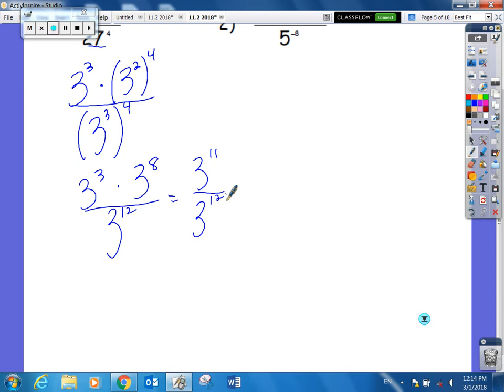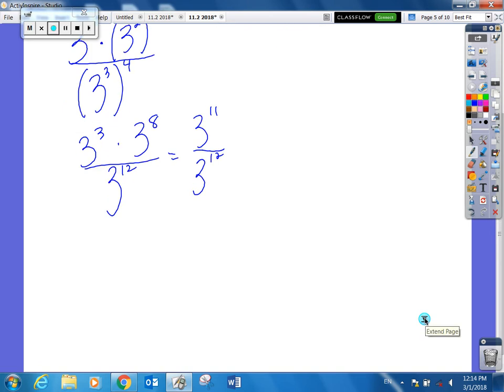It's like it was a letter. X, Y, A, B, whatever it was. So if we have 3 to the 11th on top and we have 3 to the 12th on bottom, we can use our law, we can use just our common sense of simplifying, what we do a lot, or we can say that is 3 to the 11 minus 12, which is 3 to the negative 1. We can't have negative exponents, so that ends up being 1/3.